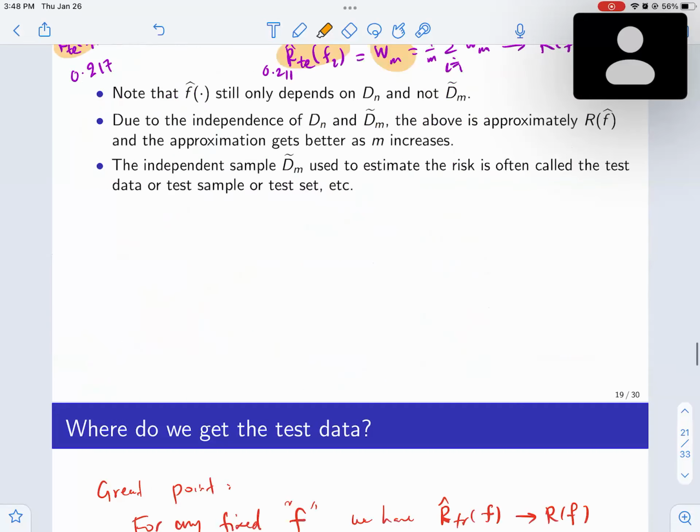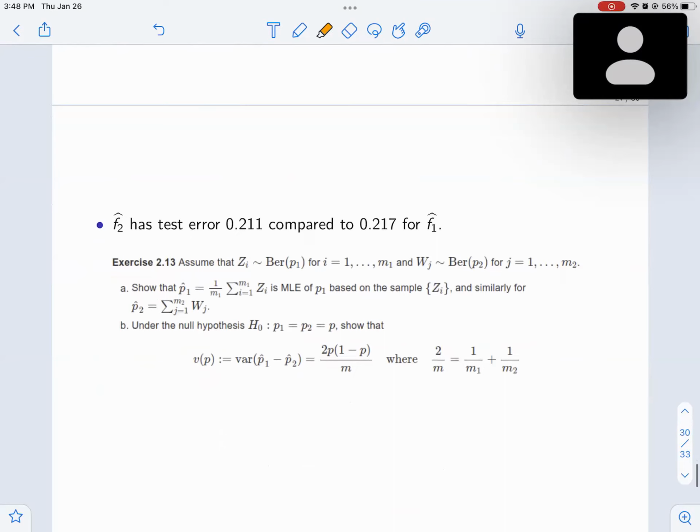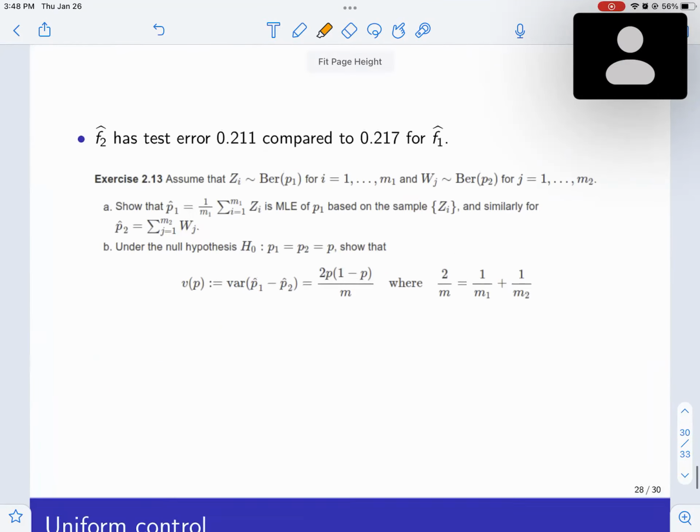So if you understand this, this is sort of an exercise you can try to assign. So that's an exercise in the notes that I have. So I have a bunch of Z_i that are Bernoulli P1 and a bunch of W_j, which are Bernoulli P2. And I'm going to estimate P1 by P hat 1, which is the average of Z_i, and then P hat 2 by the average of W_j, with 1 over M2.